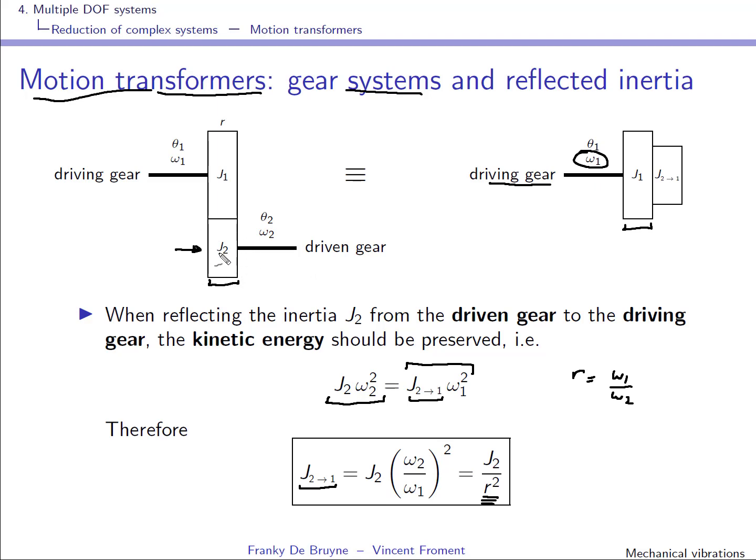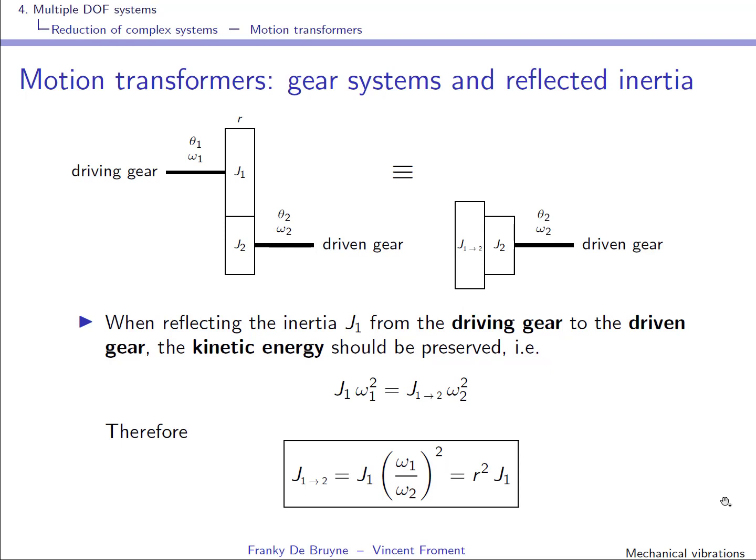So now we have a way of reflecting back a moment of inertia to the driving gear and obtain a system that is equivalent in terms of kinetic energy. You can still use the same idea and bring this inertia G1 to the driven gear, and then you have an equivalent system around the output axis of the driven gear.